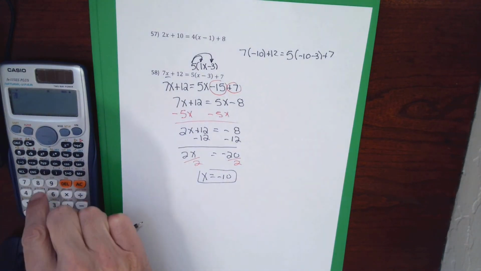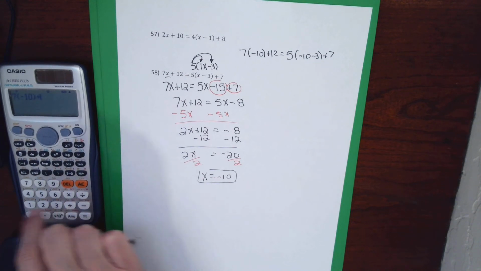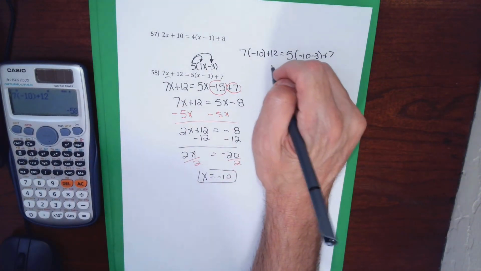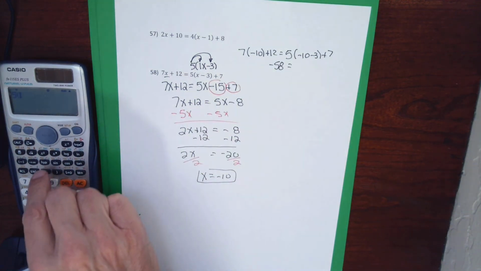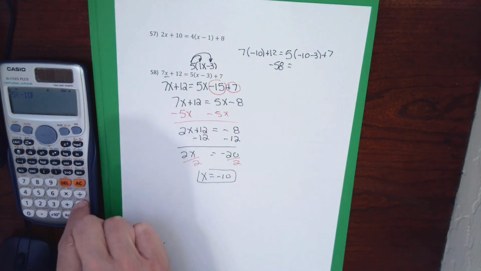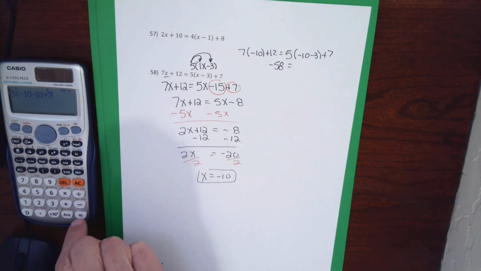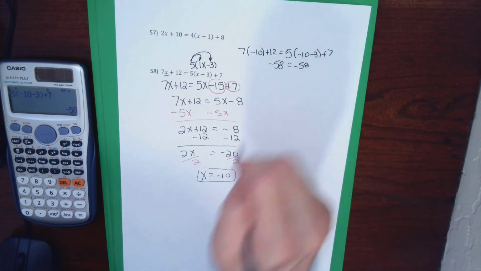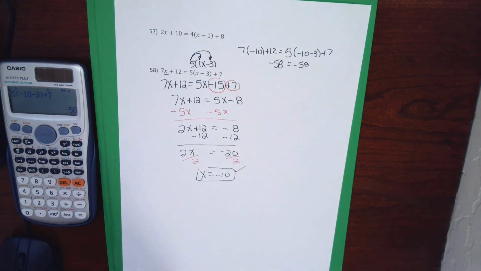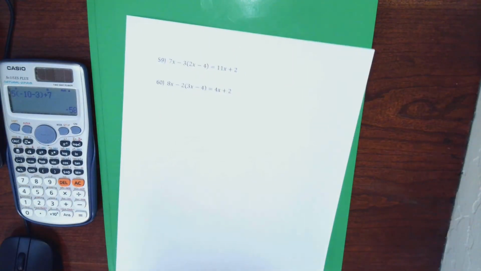So 7 times negative 10 plus 12, that's negative 58. 5 times negative 10 minus 3 in a parentheses, and then plus 7 after the parentheses. Feels good, so that checks just perfectly. 2 more? That's not so bad.